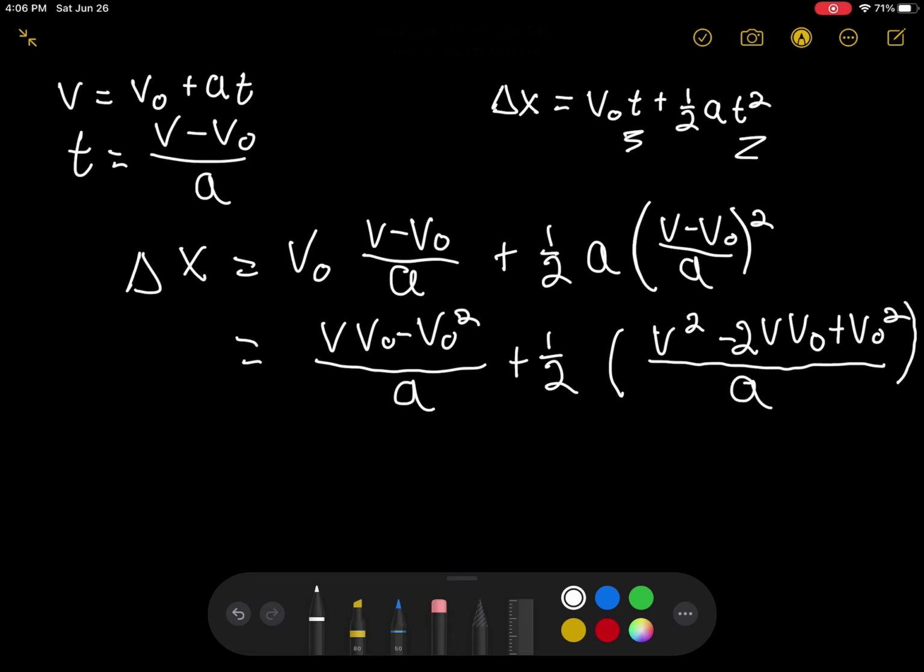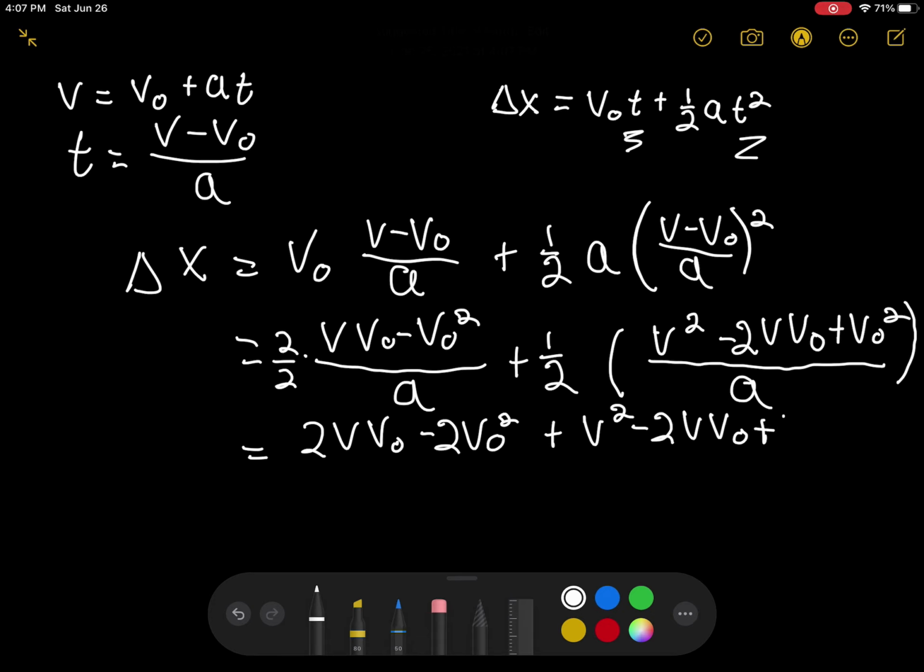And then here, in order to combine everything that we have had so far, once again I'm going to sneakily multiply a 2 over 2, so that we have 2v v naught minus 2v naught squared plus v squared minus 2v v naught plus v naught squared, and all of that is over 2a.